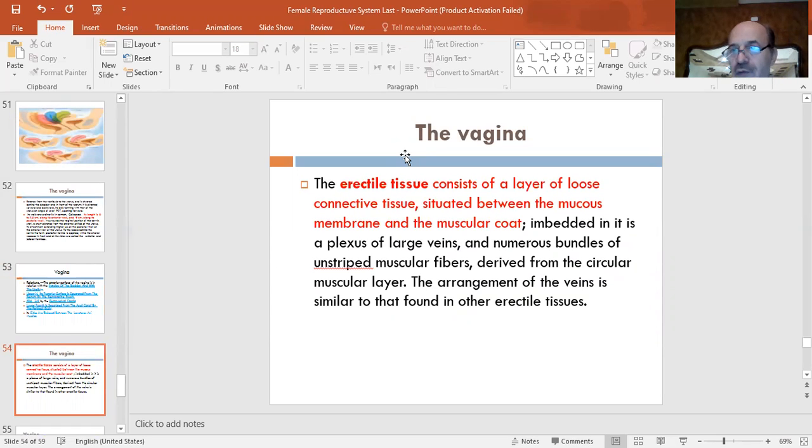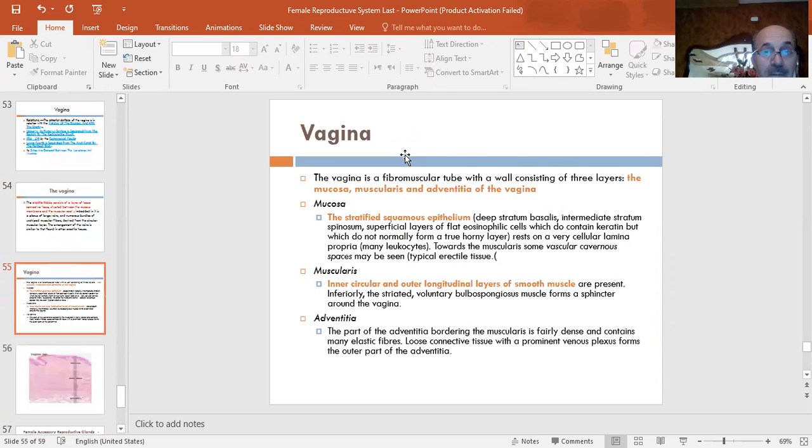Now, the structure of the vagina, and in fact the labia minora, they are erectile type of tissue, very much similar to the erectile tissue present in the corpora cavernosa in the male. Histologically, it's made of the usual three layers: mucosa, muscularis, and adventitia. The mucosa is formed by a surface epithelium, a stratified squamous epithelium, to provide certain protection.